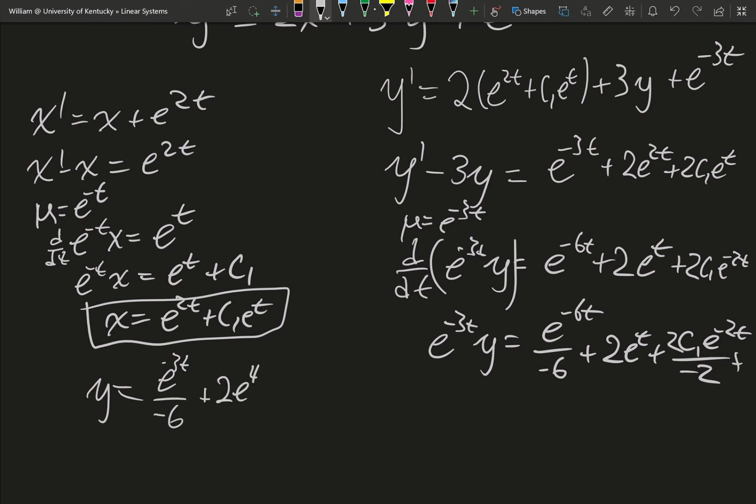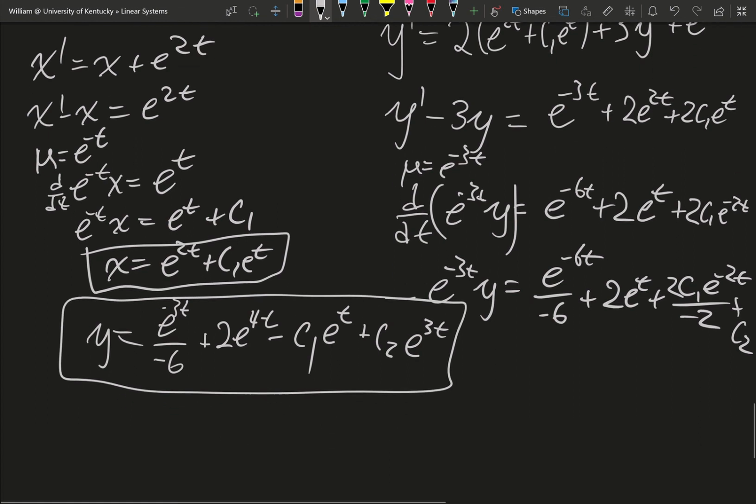Oh, plus c2, forgot that. Sorry, what was this? 2e to the 4t minus c1 e to the t plus c2 e to the 3t.